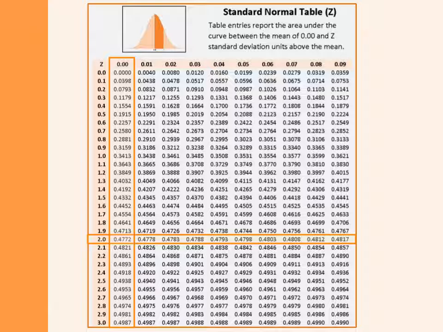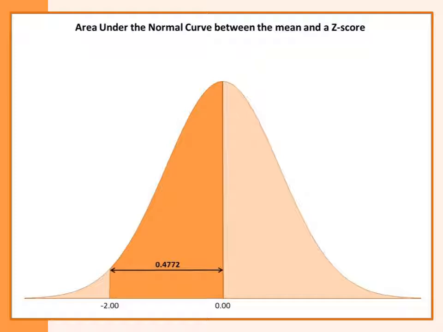And the value that's apparent where these two highlighted areas intersect is 0.4772. A z-score value of -2 falls a considerable distance away from the mean of 0, and the area that is contained in that portion of the curve is 0.4772, or almost 48% of all the area under the curve.